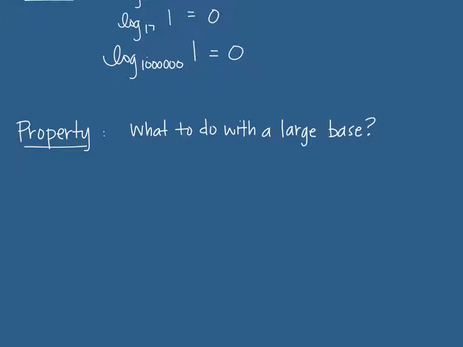If you get stuck and your base is larger than something you're comfortable with, there's an awesome property that you can use to make that problem easier. If you end up with the log base b of a, and that's too hard because the base is too big, you're allowed to switch them and put it in a different order.